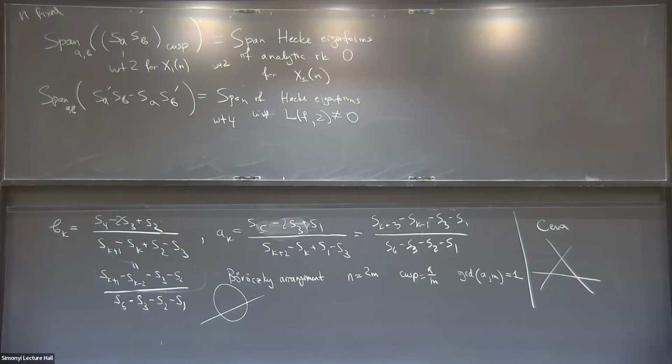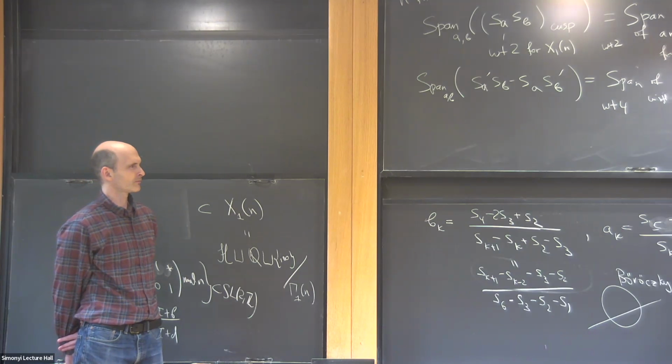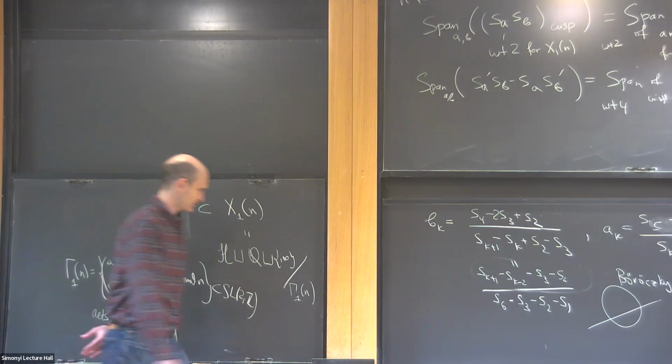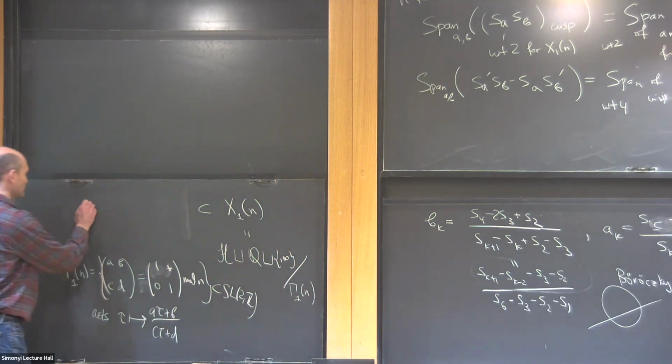So before this, how did people write down equations for X1 with integer coefficients? Oh, I think the usual approach would be, you know how there is this J invariant?